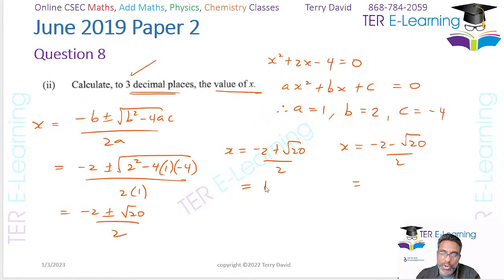I'm getting, to 3 decimal places, 1.236. And the next one I'm getting is negative 3.236.